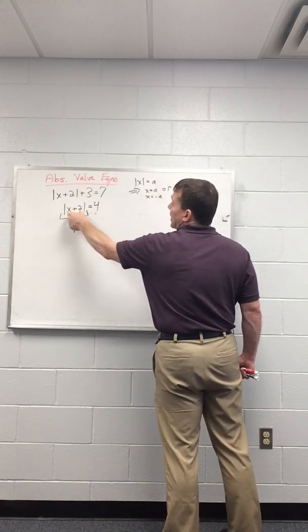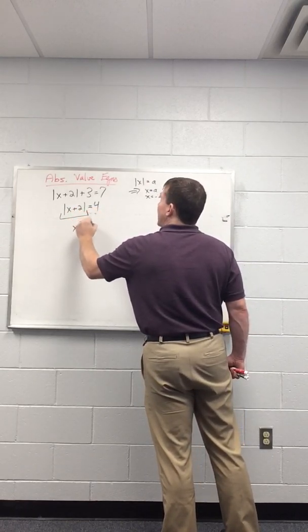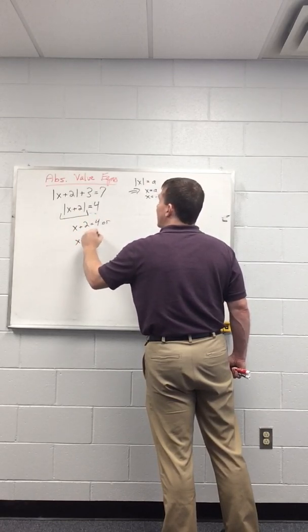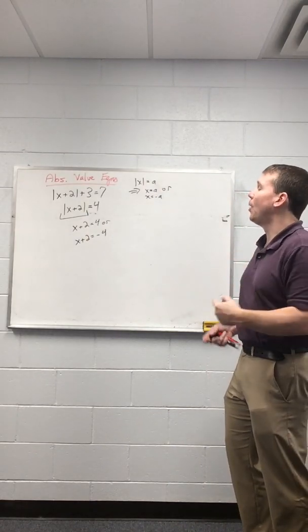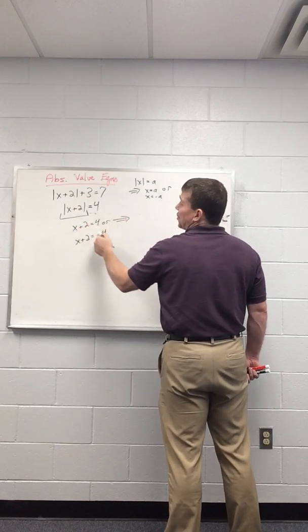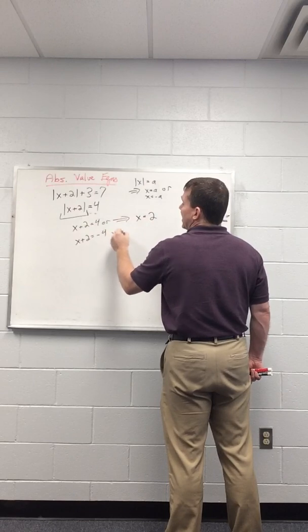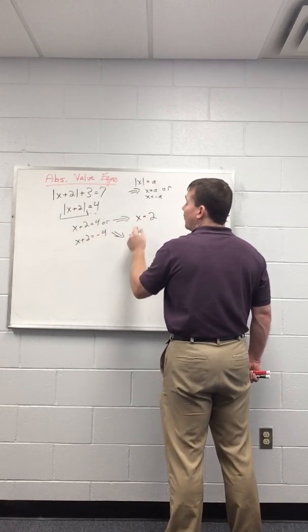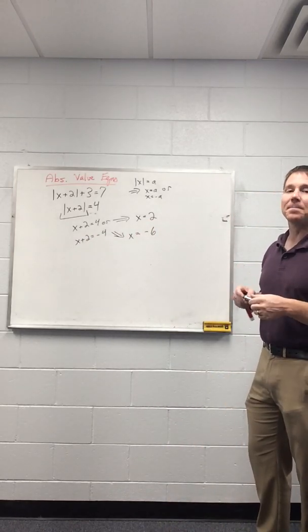The absolute value of something equals 4 means that something equals 4 or that something equals negative 4. And now I just solve both equations. If x plus 2 equals 4, then x equals 4 minus 2, 2. If x plus 2 equals negative 4, x equals negative 4 minus 2, negative 6. And I get two solutions.